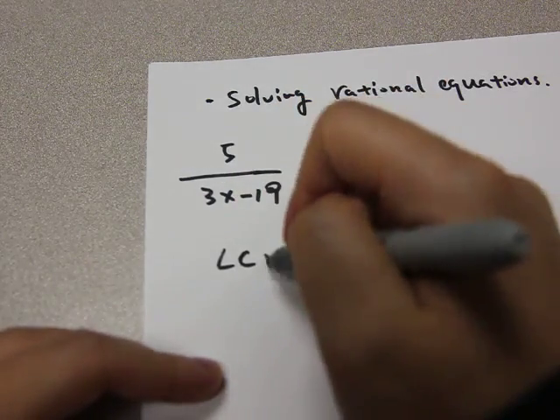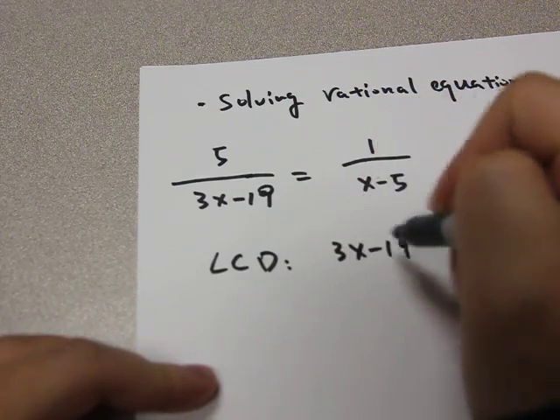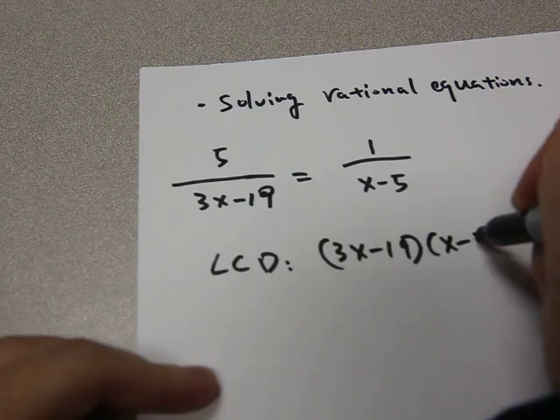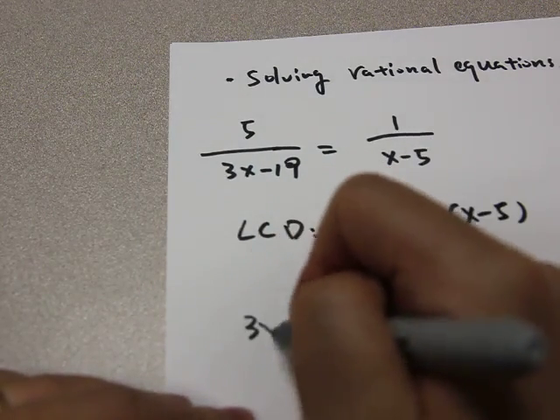Here the least common denominator is 3x minus 19 times x minus 5. So we multiply this on both sides.